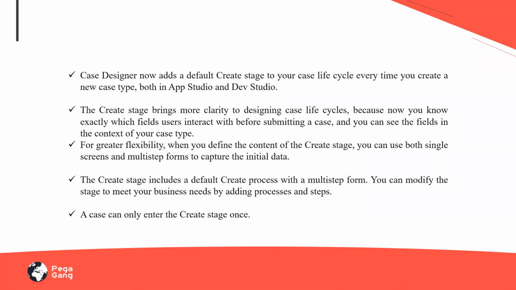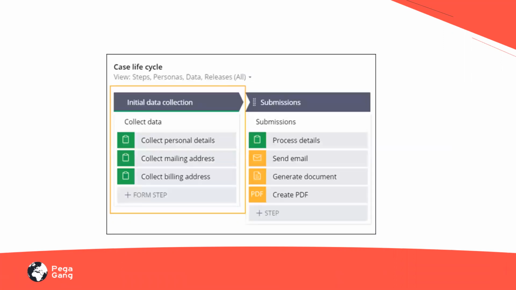A case always enters the create stage, so you do not need to configure any entry level validations. I can see a green status bar here, which says that it is a create stage provided by the platform. So I cannot delete the stage, but I can rename it or edit it according to the business requirement.